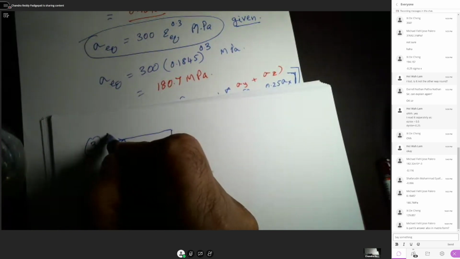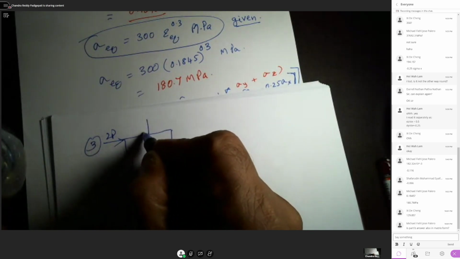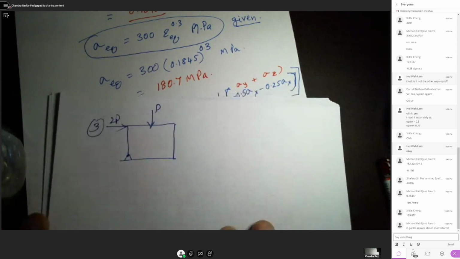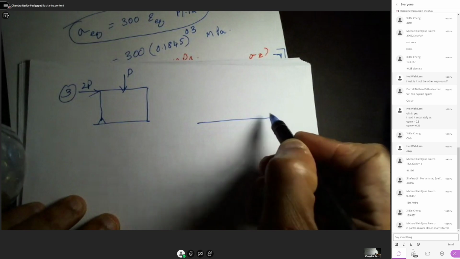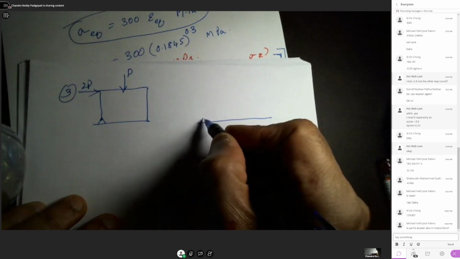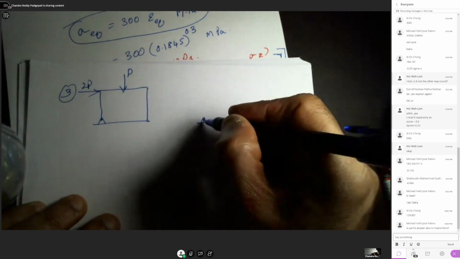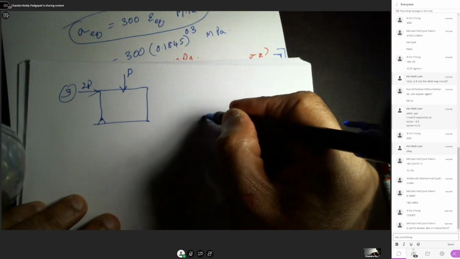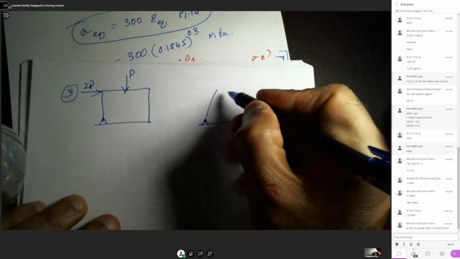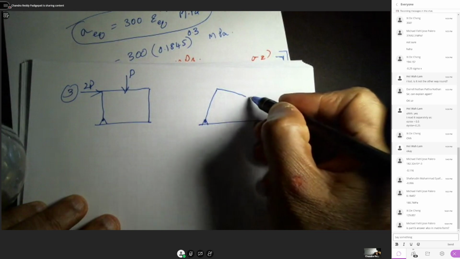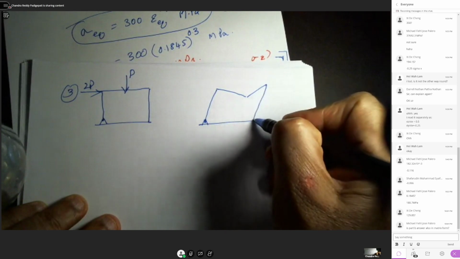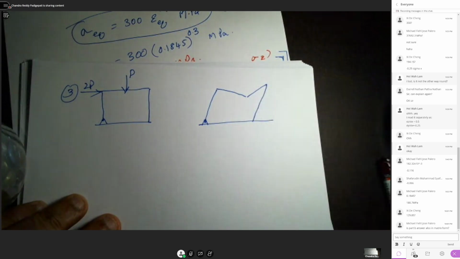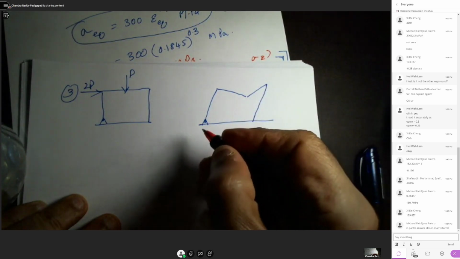So there's a 2P and there's a P here. Okay, so the collapse mode will be due to horizontal load, so there will be plastic hinges.